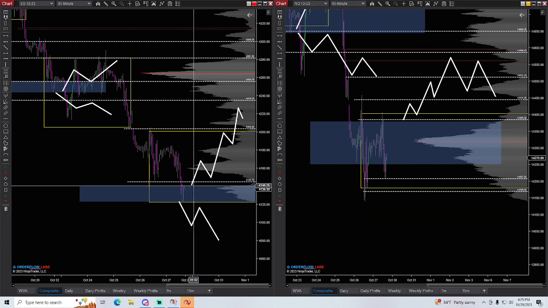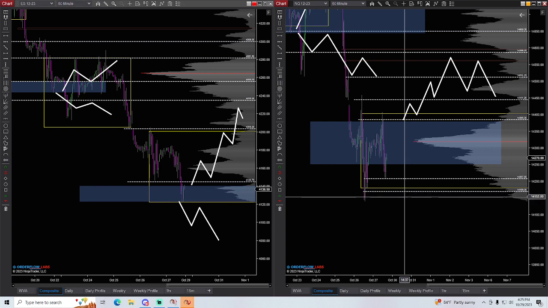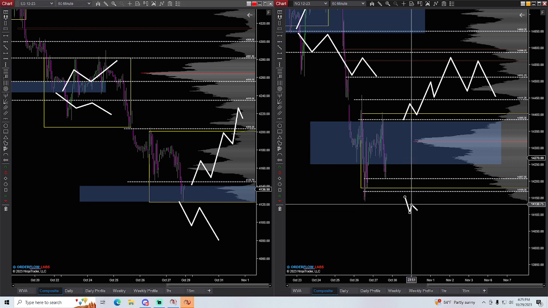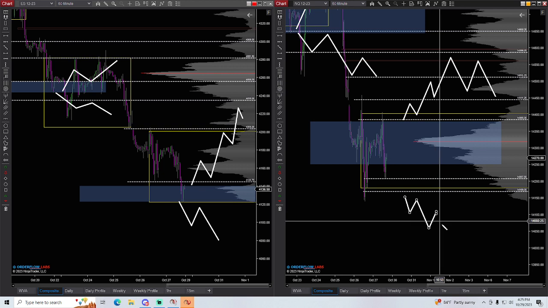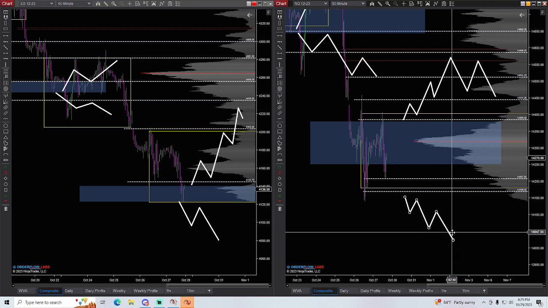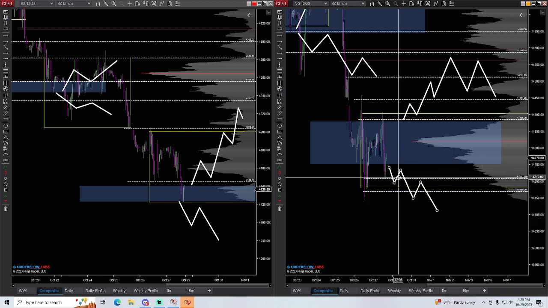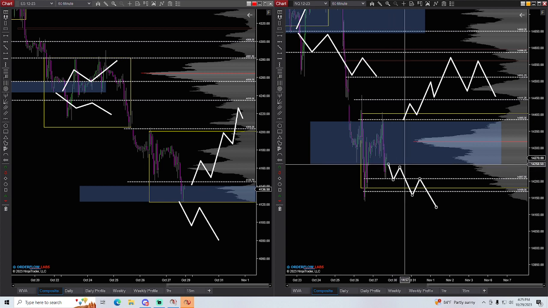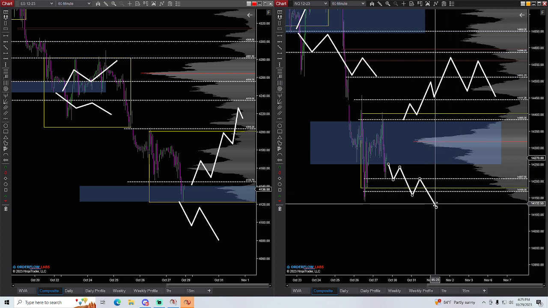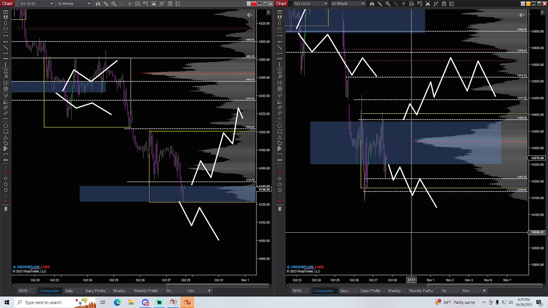Same thing over here: we push lower, look for that volume build and a stair step down. If we come out of this area, potentially 210, I'd look to reoffer this area, come back down to 170, reoffer the 210, and potentially make new previous week lows.